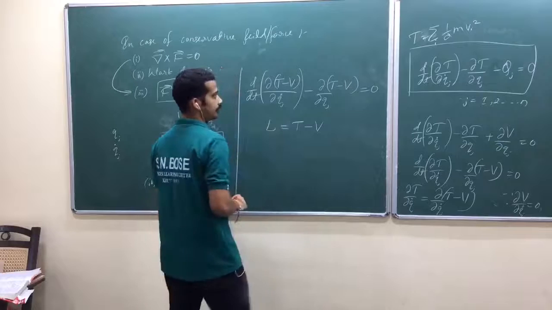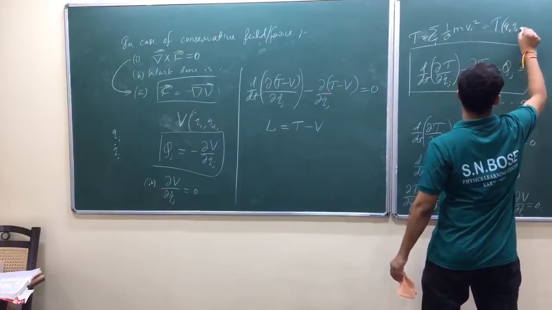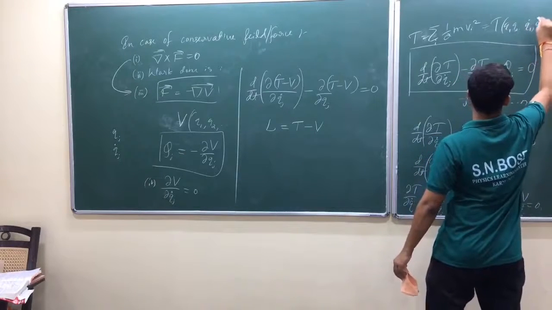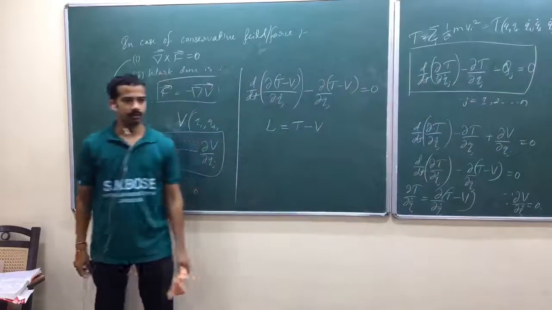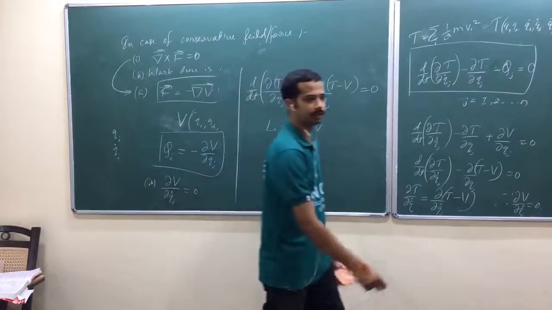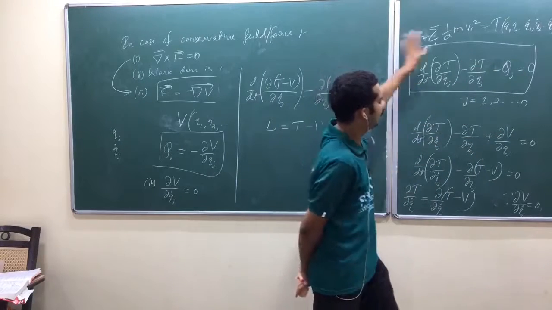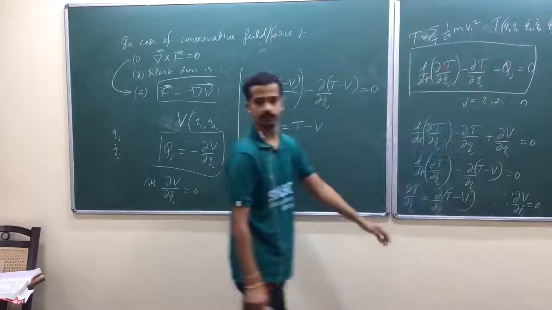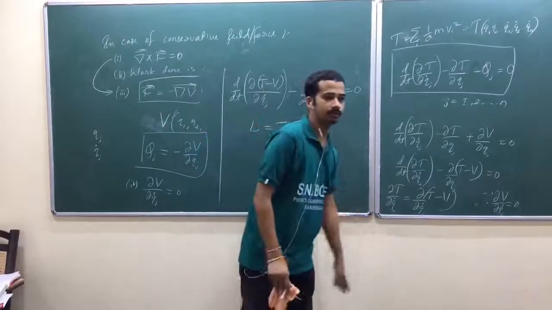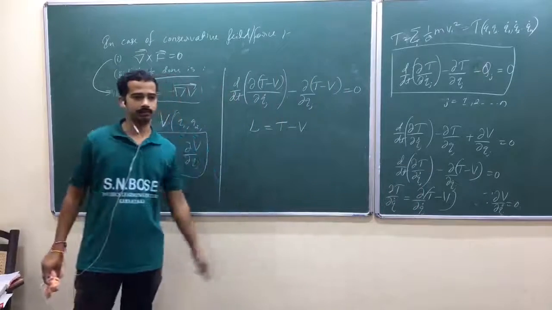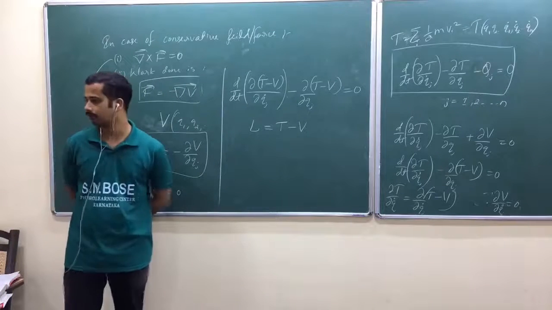But we need to write T in terms of Q1, Q2 and so on, Q1 dot, Q2 dot and so on, Qn dot. Usually it's a function of velocity, am I right? T will be a function of velocity. You need to write in terms of generalized coordinate. That's why earlier I told you to derive those things, I mean writing velocity in terms of the individual coordinate system. That will solve the problem actually.